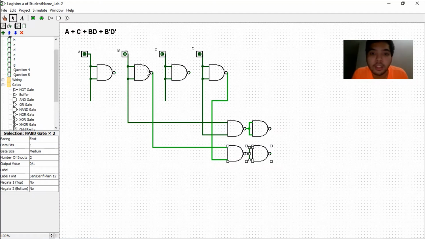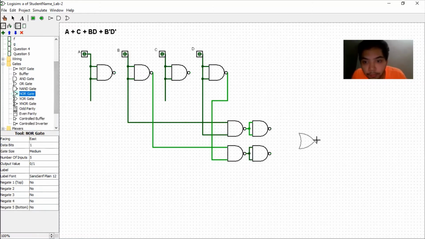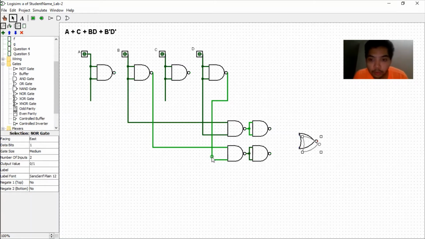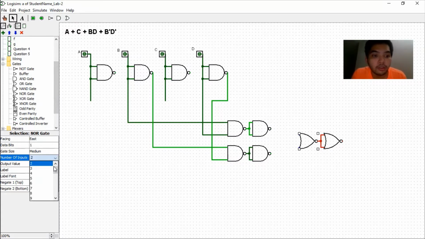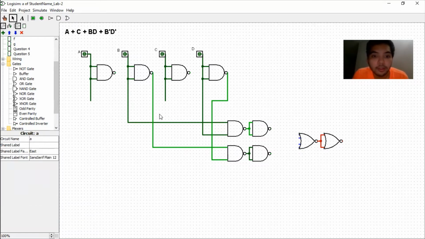But if we use the NAND and NOR gates, we can construct it like this. So an OR gate. Now we already constructed an OR gate by the use of NOR gates.